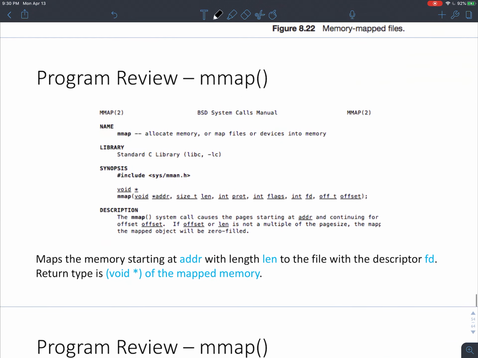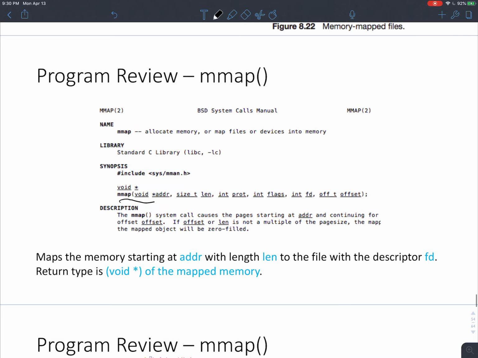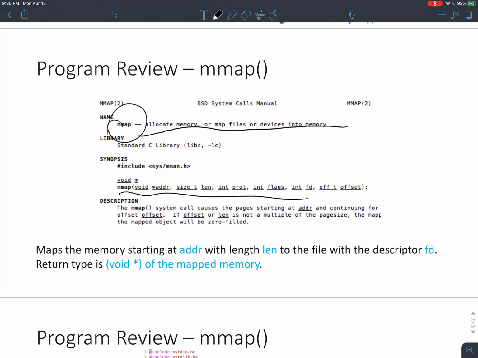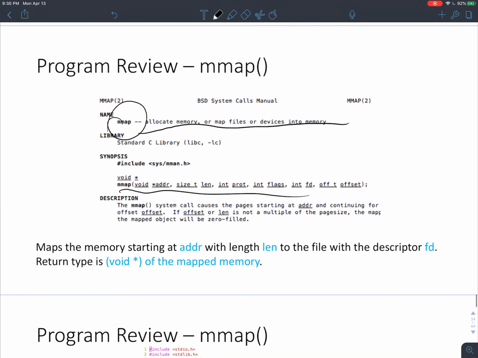What it does is this. If you look at the system call called mmap, it helps you to do this. mmap allocates memory or maps files into memory. If in the future you do a lot of C programming, you definitely have to be familiar with this system call, because when you encounter a segmentation fault, this is the way for you to inspect which part of your memory has an error.